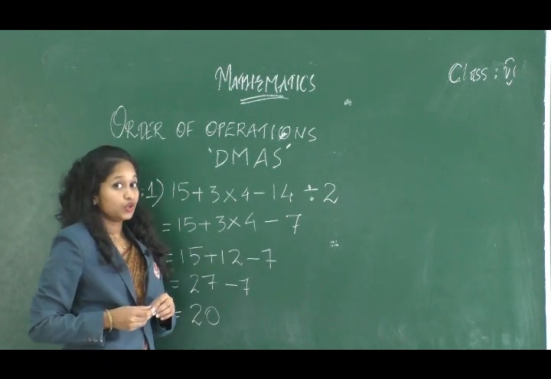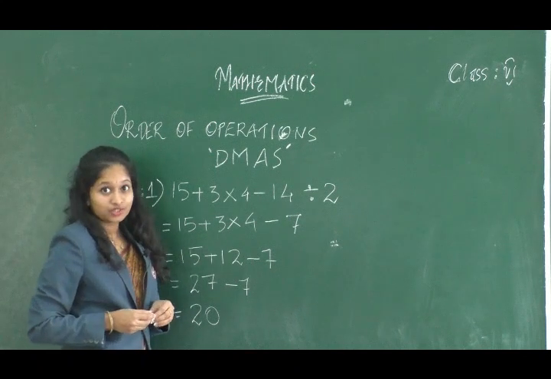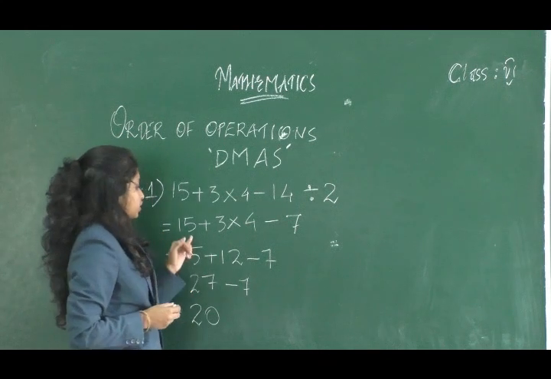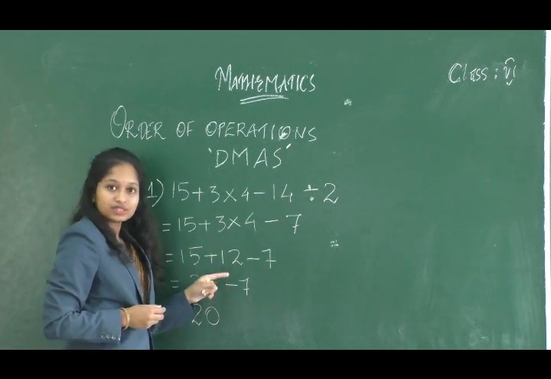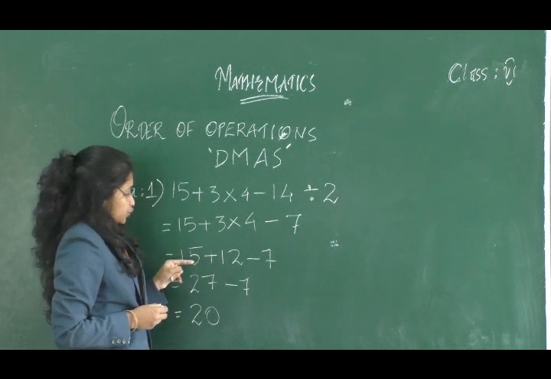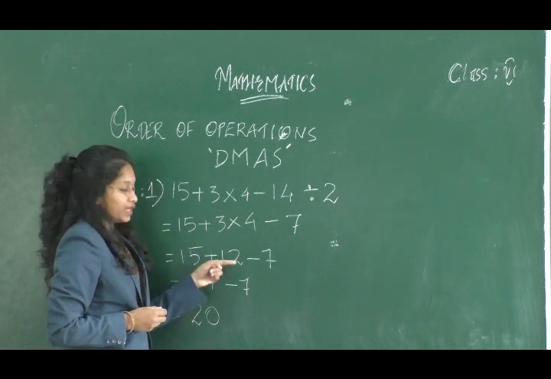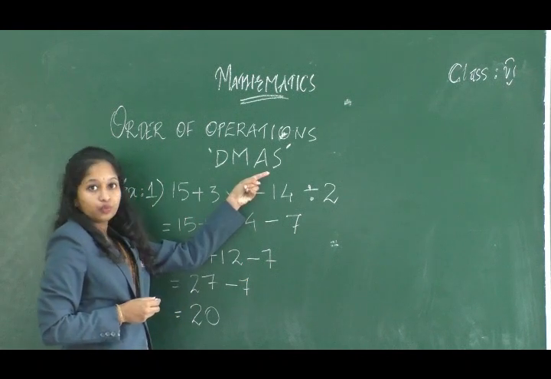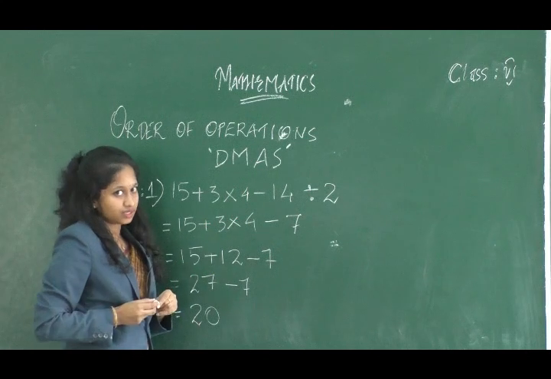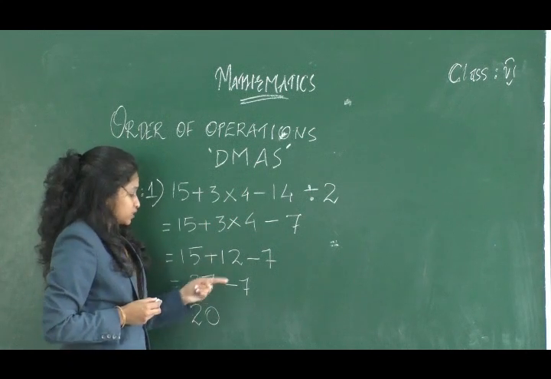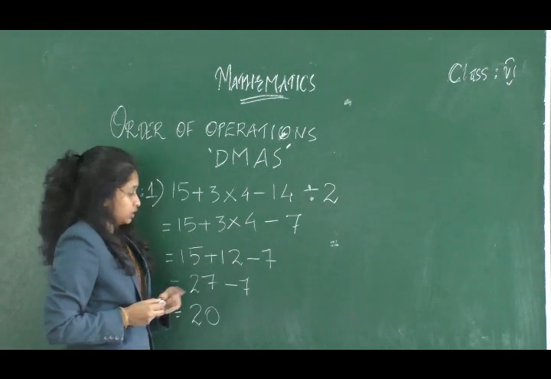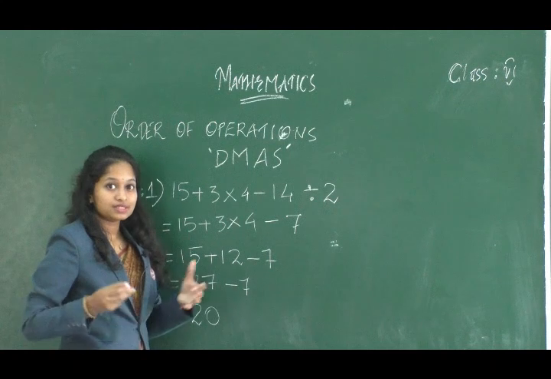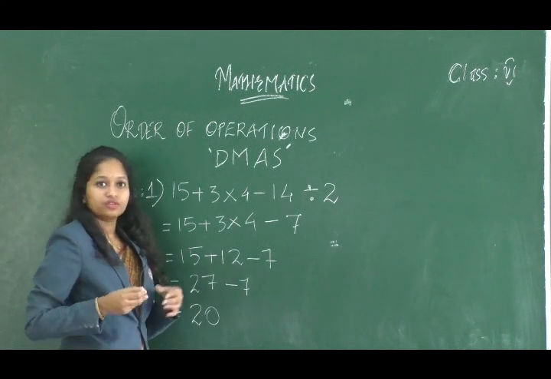Next, what will we go with? With multiplication? Yes. Second is M. 3 into 4 is 12. So, we get 15 plus 12 minus 7. And then, we have addition. We will go with addition next. So, 15 plus 12 is 27. And minus 7 as it is. What is 27 minus 7? It is 20. So we got the right answer.